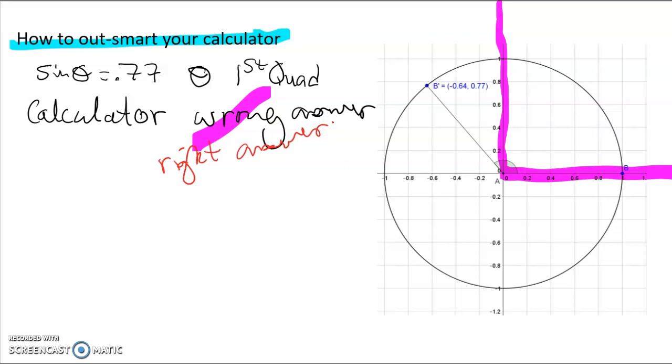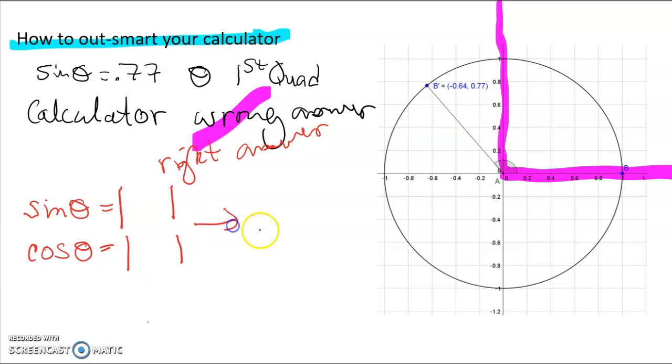So we're always going to say this: for any trig function, either sine theta or cosine theta, you're going to look at the absolute value of what it is in order to find the angle measure, because then that will always yield a first quadrant reference angle. And then you can use your common sense to figure out what that angle ought to be.